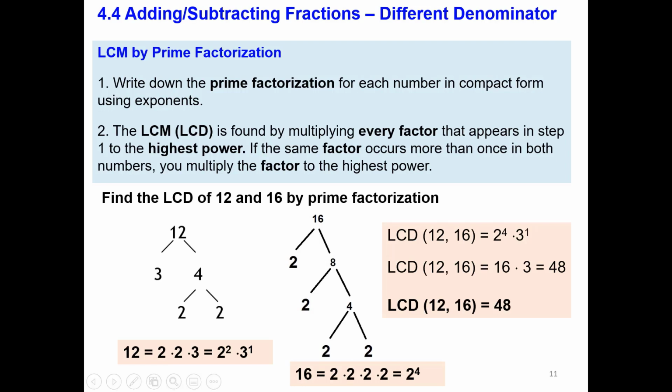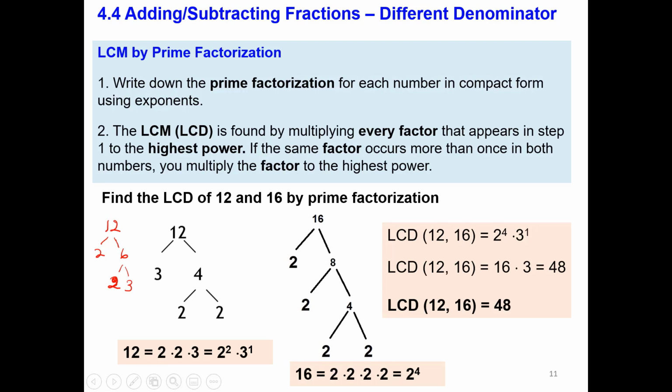And 4 we can write as 2 times 2. Also, you can write 12 as 6 times 2, and 6 is 2 times 3. You will get the same thing, 2 times 2 times 3. Those are the factors.